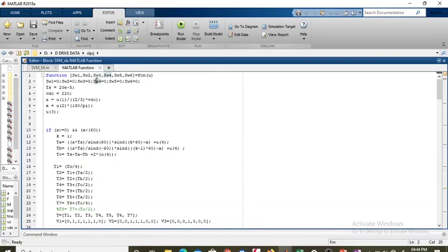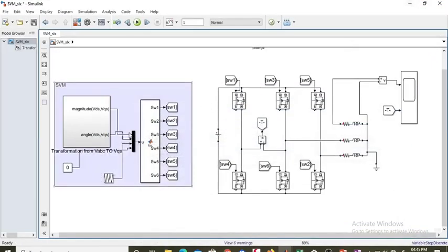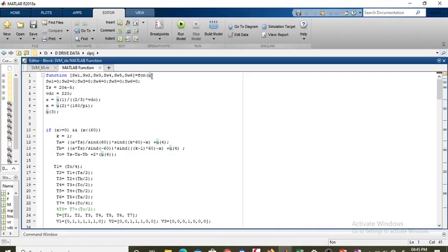See here, in the hexagonal programming there is a function where I have already made a program in the function command. Here U is the incoming signal, where if I say this signal is U of 1, this signal is U of 2, this signal is U of 3, and this signal is U of 4, then the merging signal is called U, right?